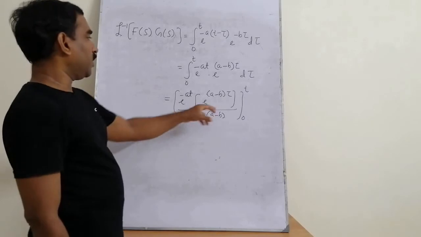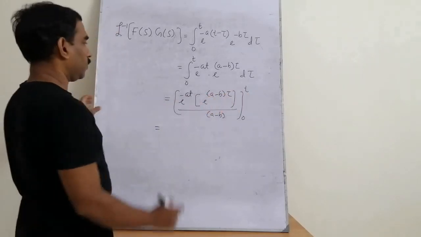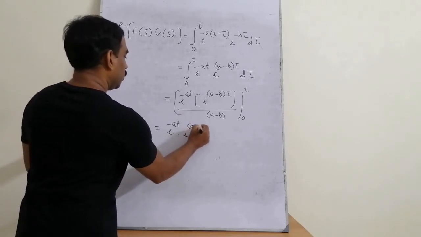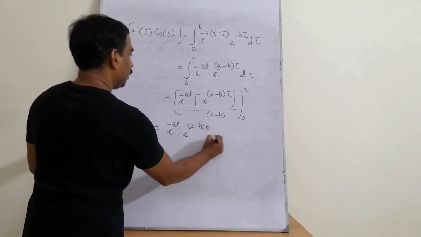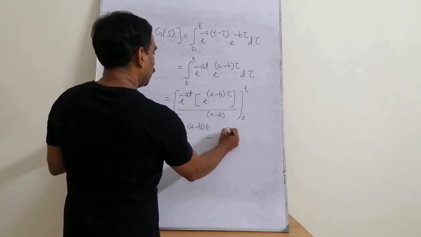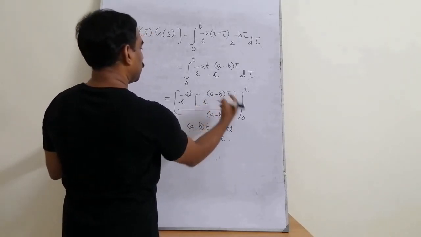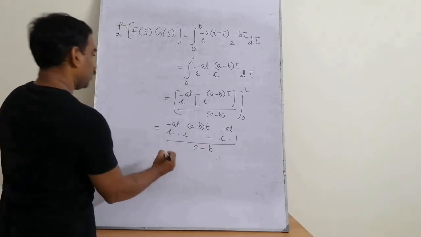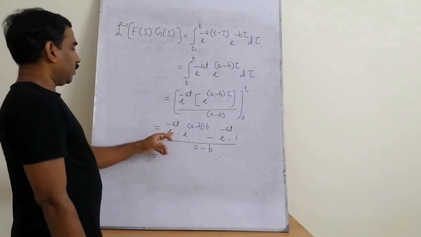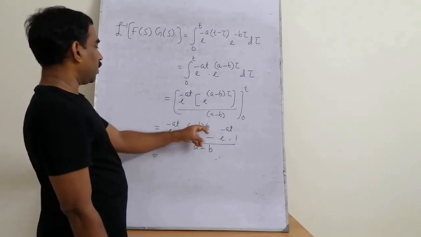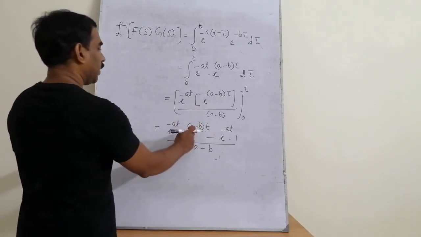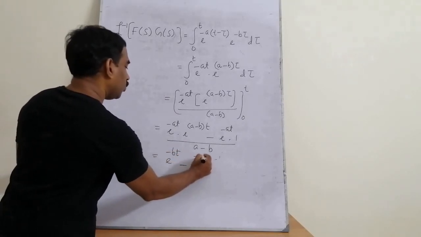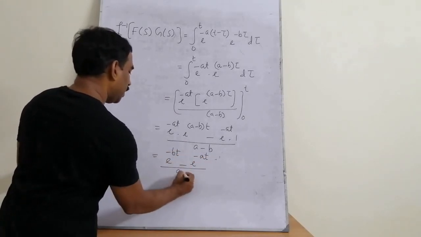Now substituting the upper limit t for the integration variable tau, that is e raised to minus at into e raised to (a minus b) t, minus the lower limit, e raised to minus at into e raised to 0, that is 1, divided by (a minus b). On simplification, we can cancel one e raised to at from this expression, and finally this will reduce to (e raised to minus bt minus e raised to minus at) divided by (a minus b).